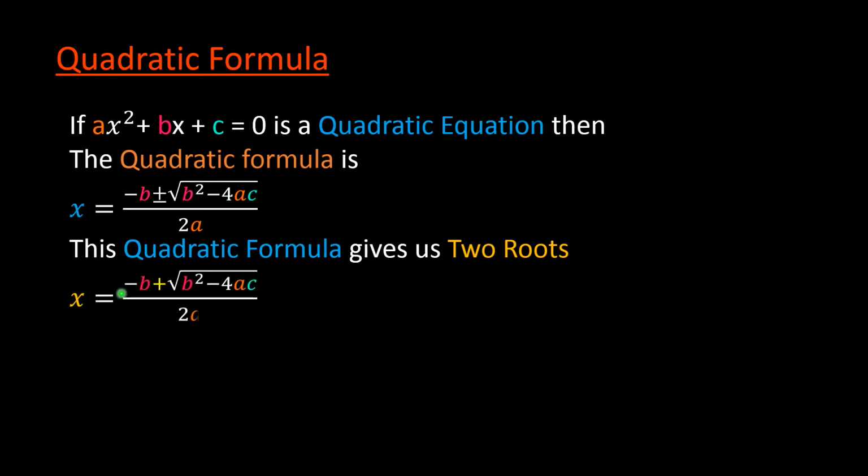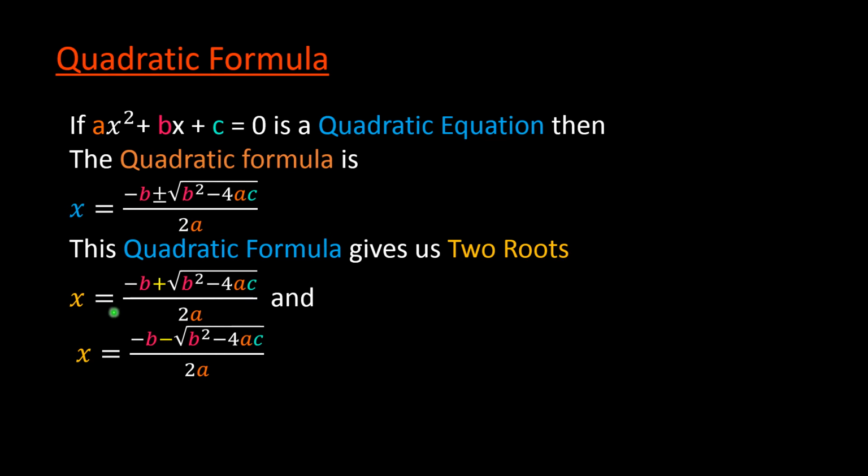The first is minus b plus under root b squared minus 4ac divided by 2a, and the second root is minus b minus under root b squared minus 4ac upon 2a. These two roots look quite alike, but there is a difference between the signs.